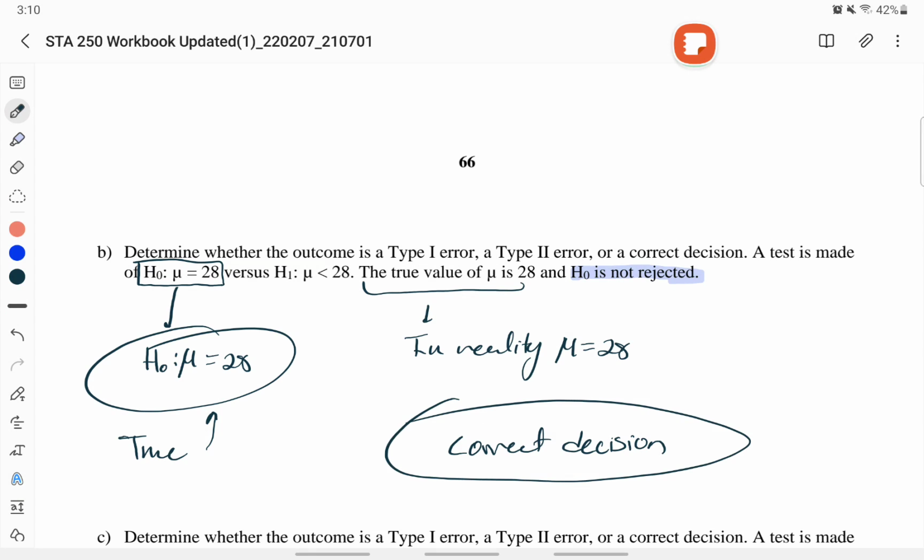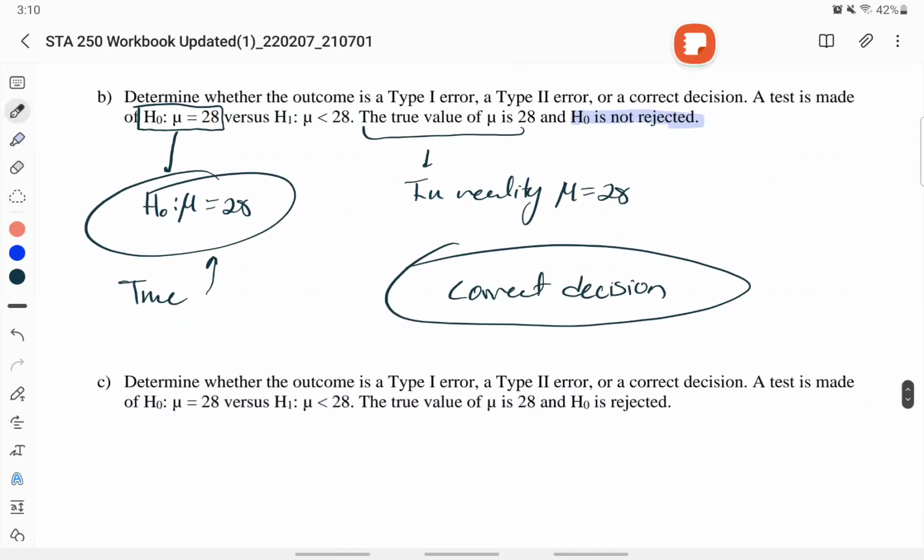Let's do letter C. Same thing. Determine if it's a type 1 error, a type 2 error, or a correct decision. A test is made up of the null hypothesis, mu equals 28, versus the alternative hypothesis, mu is less than 28. The true value of mu is 28 and the null is rejected. So if you see here, my null is rejected.